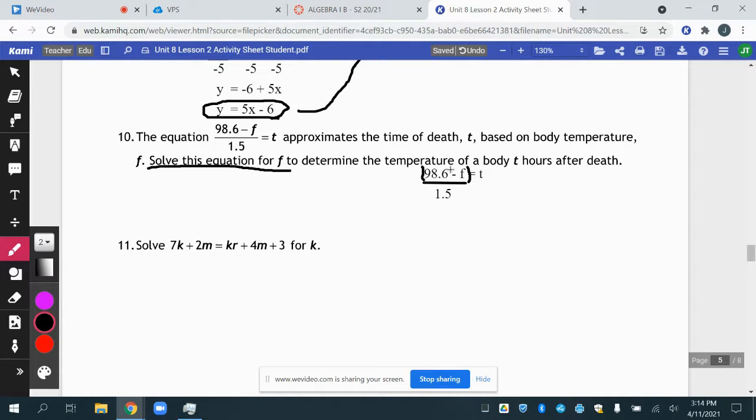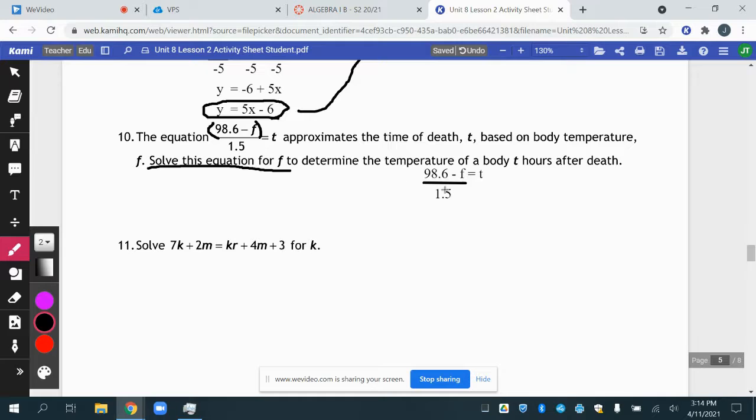So I cannot get rid of this guy, even though we usually start with addition, this guy's inside parentheses, technically speaking. Okay? You have to remember that about all fractions. If you have something on a fraction with something else, they're technically in parentheses. That fraction bar is kind of like parentheses. So this is all one big thing. Okay? So I need to get rid of the 1.5, which is outside of the parentheses first.